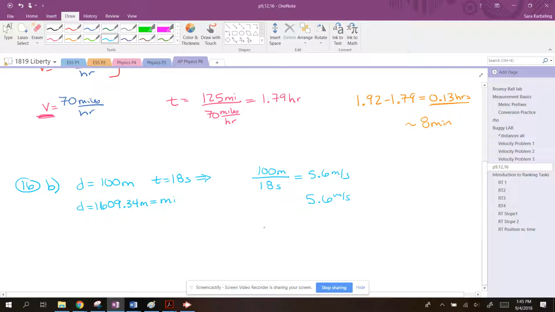Time is equal to distance over velocity. Yeah, that number did not make sense. Like 287 seconds-ish. Is that about what you guys got? What is 287 seconds? 4 minutes.